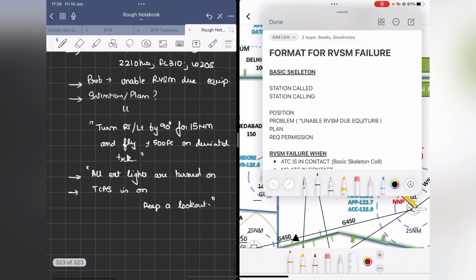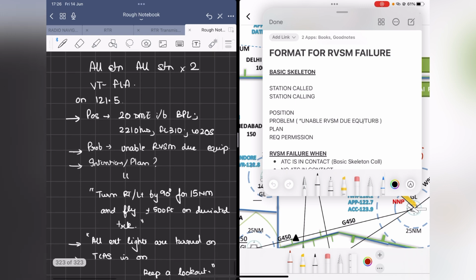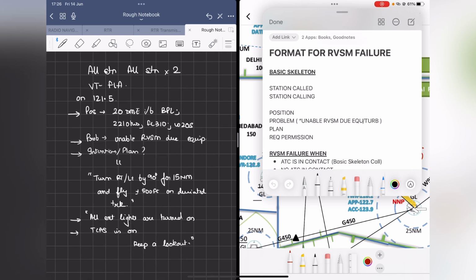So what will the total call sound like? All stations. This is Victor Tango Foxtrot Lima Alpha on 121.5. What's my position? 20 DME inbound Bravo Papa Lima, 2210 hours, flight level 310 on Whiskey 20 South. Unable RVSM due equipment.